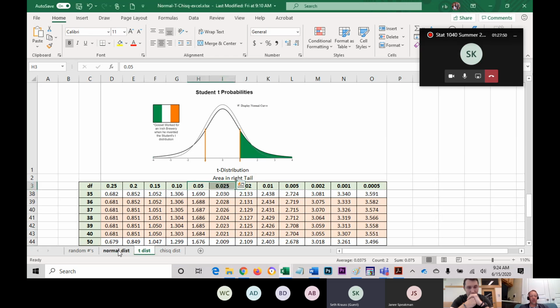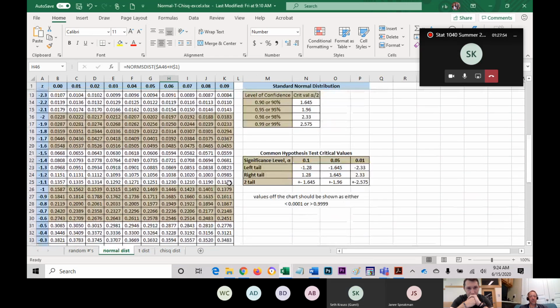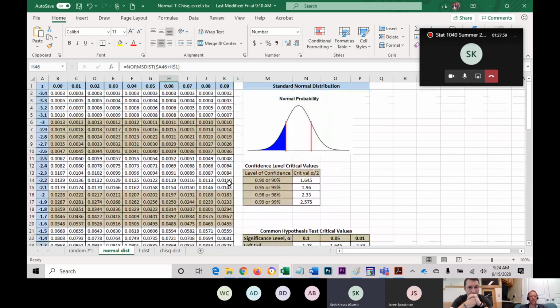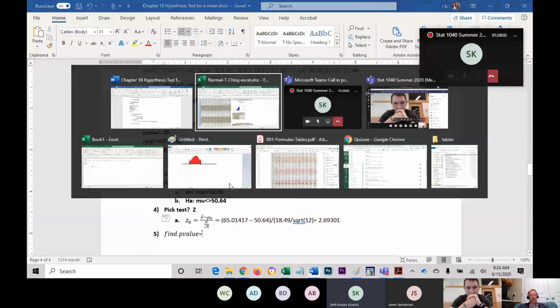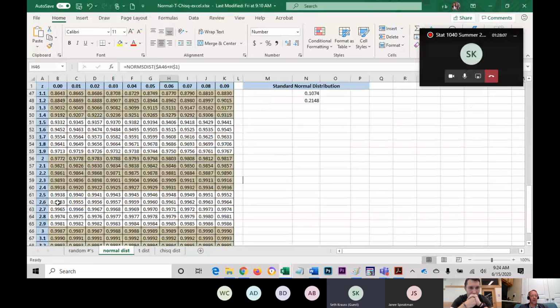Okay. We're going to our Z chart, our normal chart, okay? And find it closest to it. 2.69, that'll be the last column. So 0.9964, is that the correct answer?